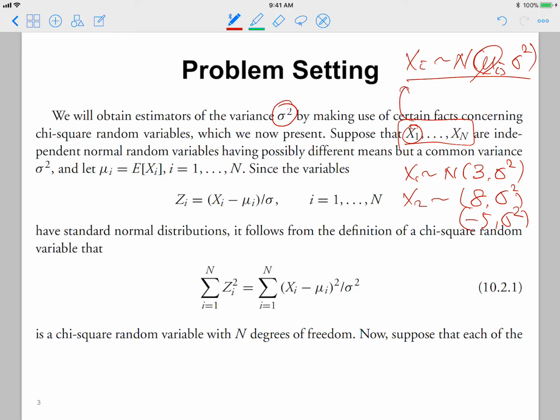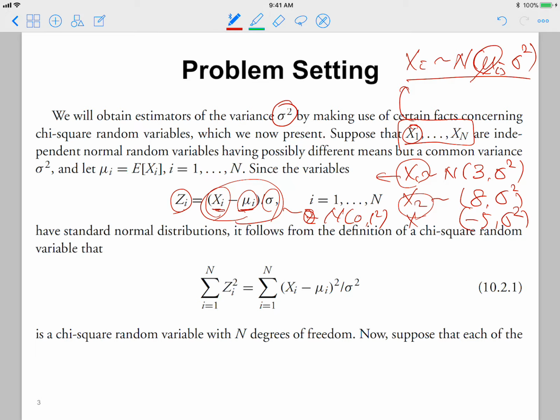Then let's transform each of our observations into some other number zi. As you can see, this will follow the standard Gaussian, because we subtract its own mean from each individual observation and then divide by the standard deviation, which is a common value. So it follows the standard normal, N(0,1), right?